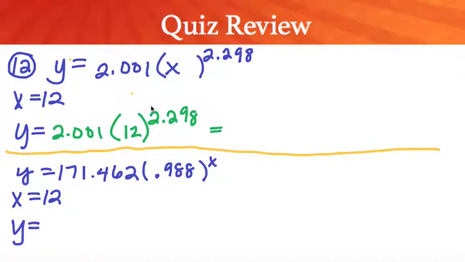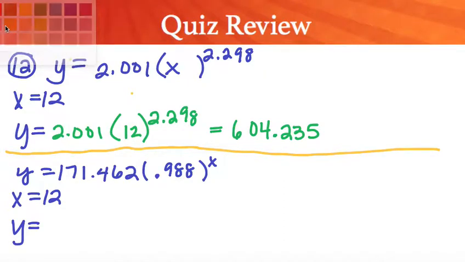So if we put that in the calculator, I'm going to do this calculation first in my calculator, 12 to the 2.298, and then after I get that, I'll press enter, and then I'll multiply times 2.001, and then you'll get 604.235.